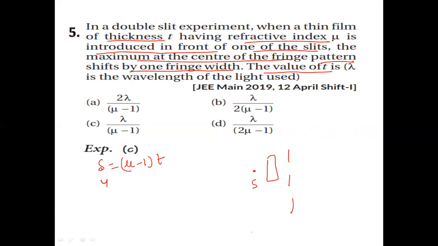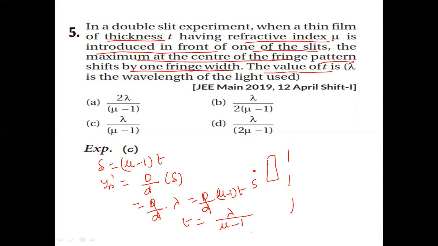So yn dash I will consider capital D by small d into delta. They gave it as one, so capital D by small d equals capital D by small d into mu minus 1 into t. So t equals lambda by mu minus 1. That is option C. Similar application.